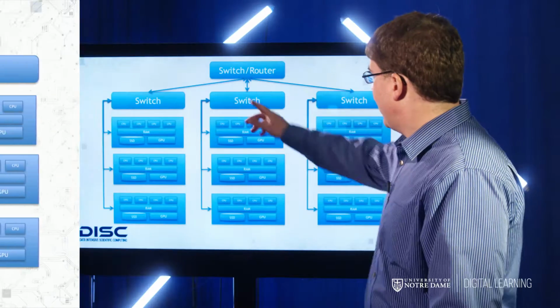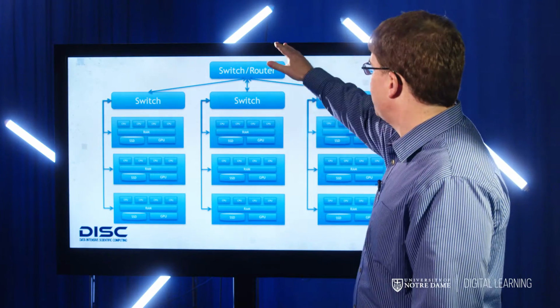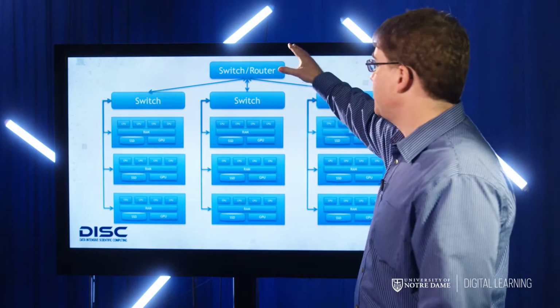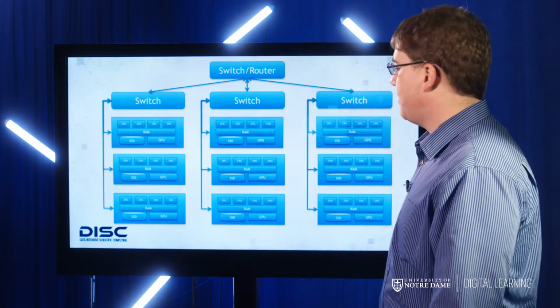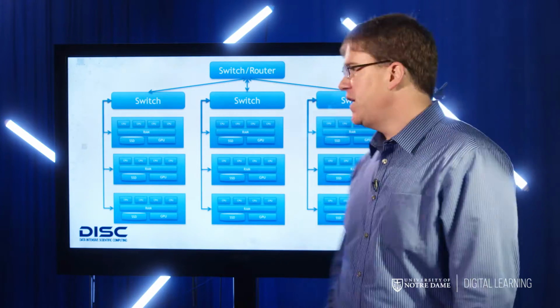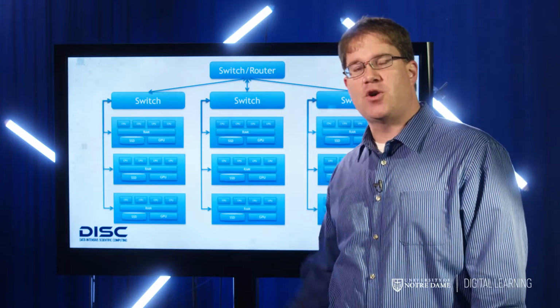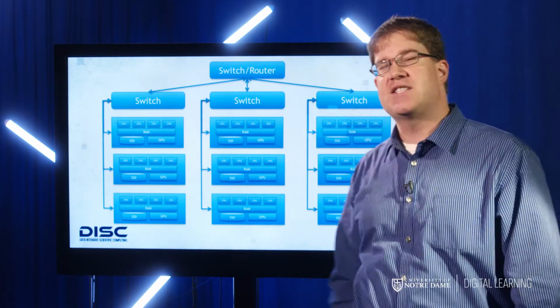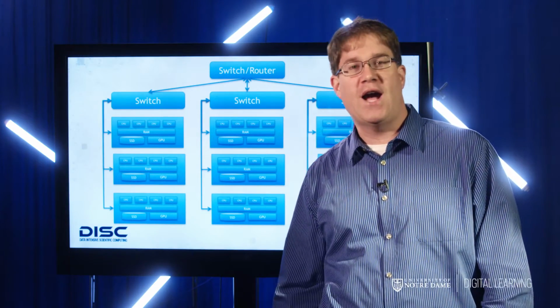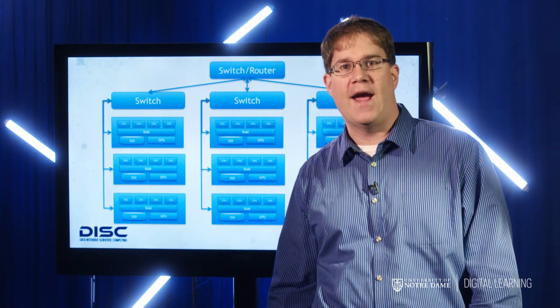Now, each rack has its own switch, but then to connect them all together, we need one switch or router, or possibly multiple, that will connect each of those top-level switches and allow for communication between the different racks. While that one switch on each rack may be relatively modest, the switch or router that's going to connect the whole data center has to be a very high-capacity, very high-performance device in order to handle the traffic generated by all of the racks.